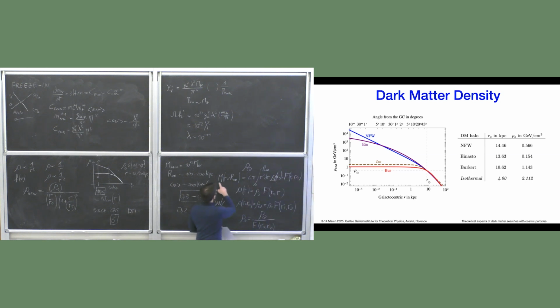Okay, so this is a number that comes from observations, and all you have here is just a function of r that is integrated out, and r_s. This can be solved numerically, and there you can find the values for the different density profiles for rho_s and r_s found exactly with this strategy.